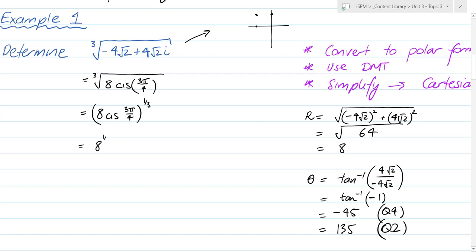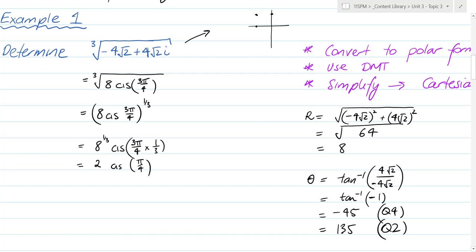I'm hearing a lot of things and I'm just writing stuff down. Okay, that's what Connor said. And this is equal to 2 cis pi on 4. How's that look? That's a cube root.